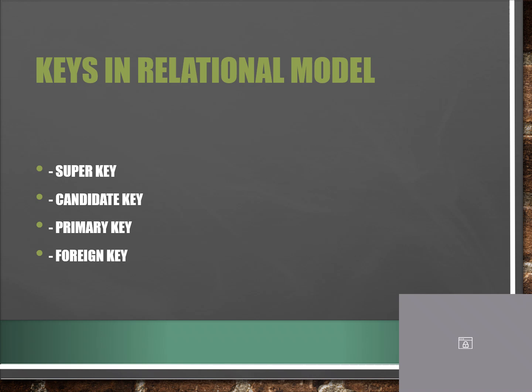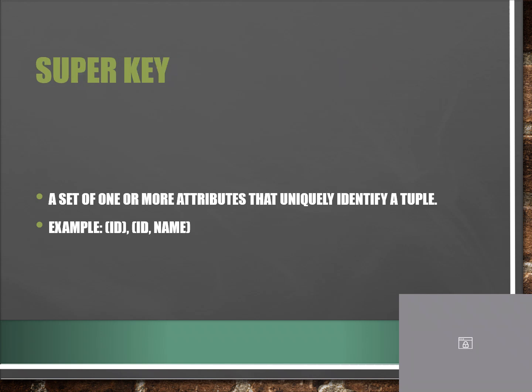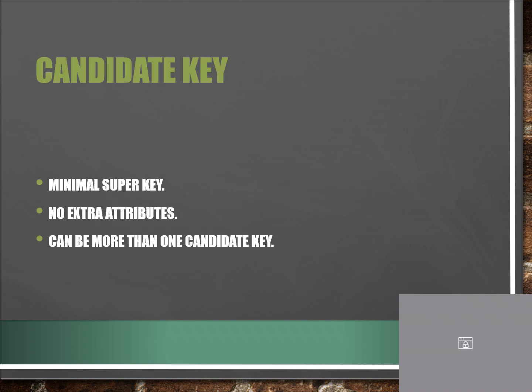Next slide. This is the super key, which I explained before. It is a set of one or more attributes that uniquely identify the tuples, for example ID and name. Next, the candidate key is a minimal super key with no extra attribute, and there can be more than one candidate key.